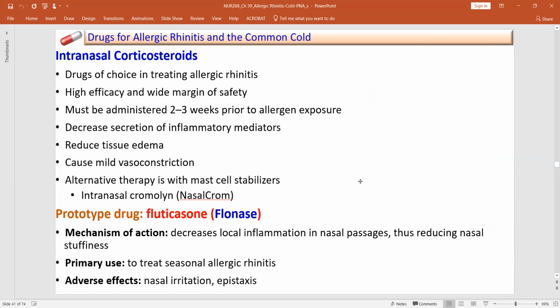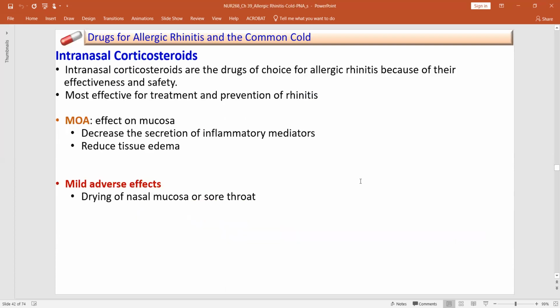Intranasal corticosteroids. The prototype drug is fluticasone, which is Flonase, a very common drug, very effective in treating allergic rhinitis. Adverse effects are nasal irritation and epistaxis, which is a bloody nose.